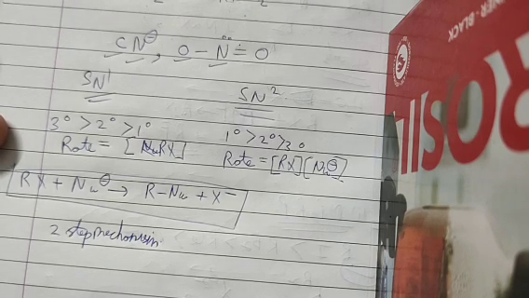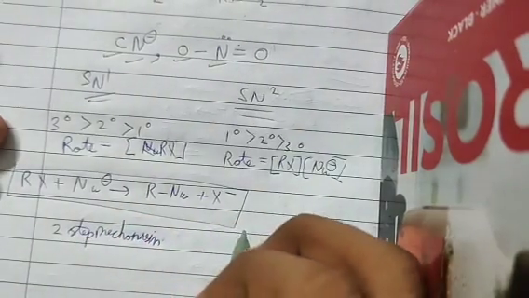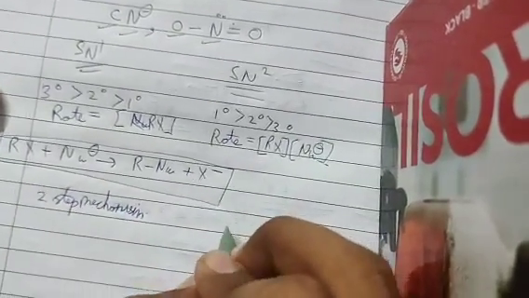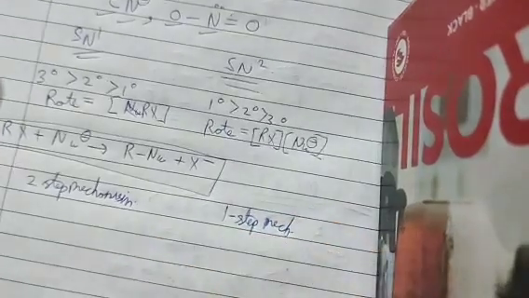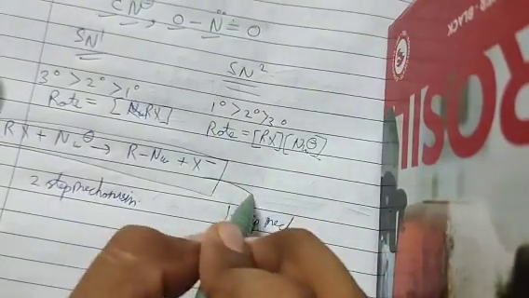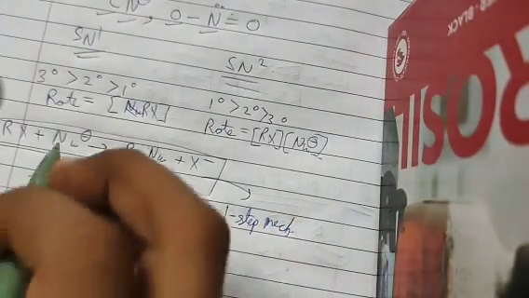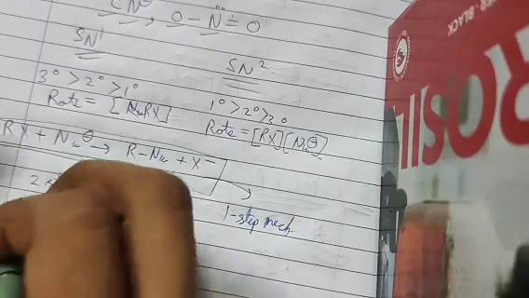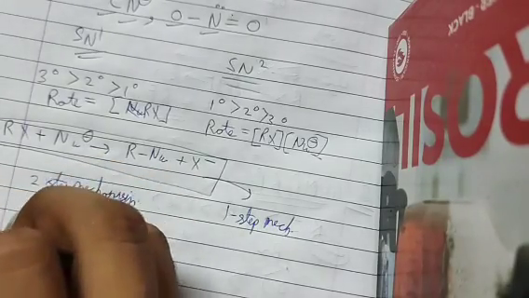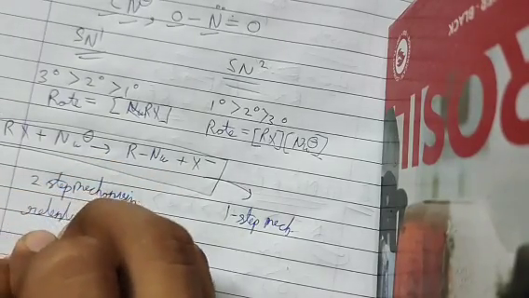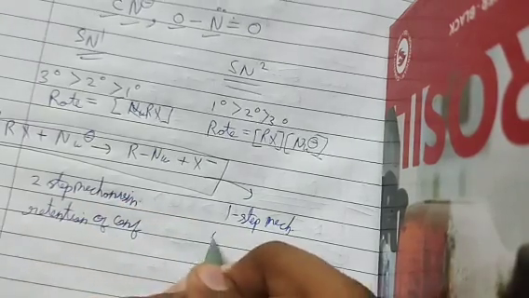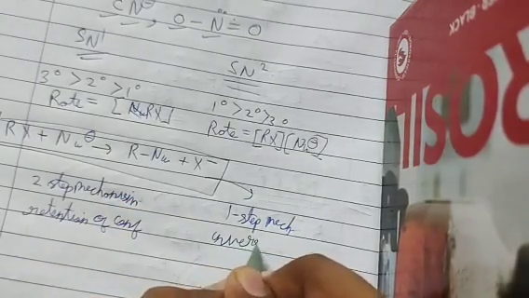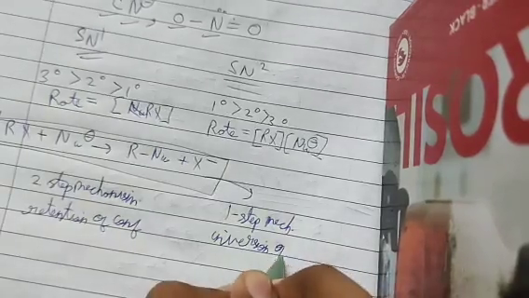This is a two-step mechanism. In the case of SN2, this is a one-step mechanism. Next, in SN1 there is retention of configuration, whereas in the case of SN2, inversion of configuration takes place.